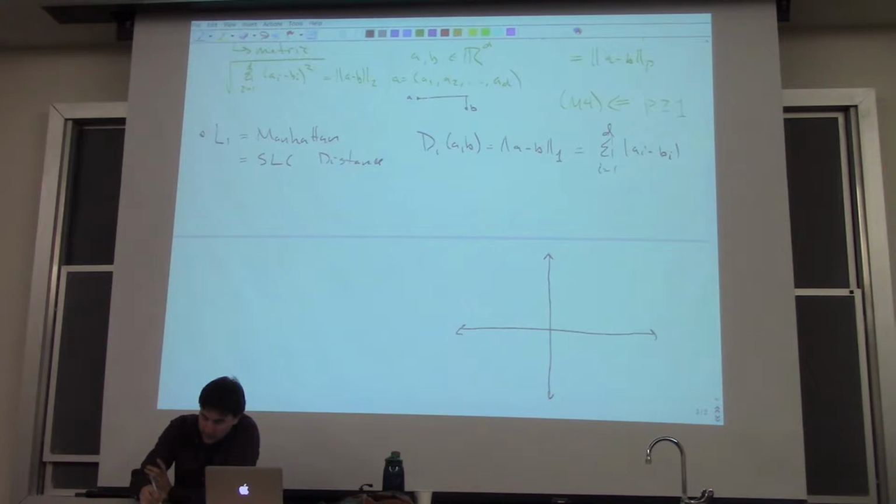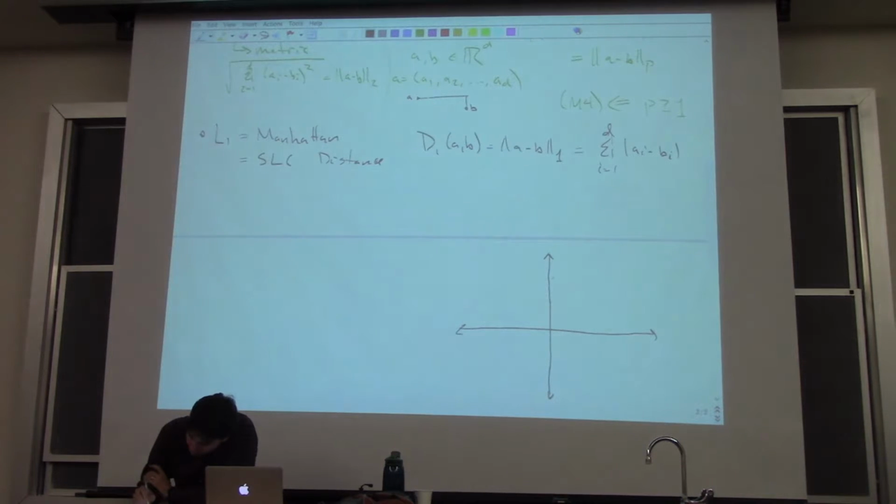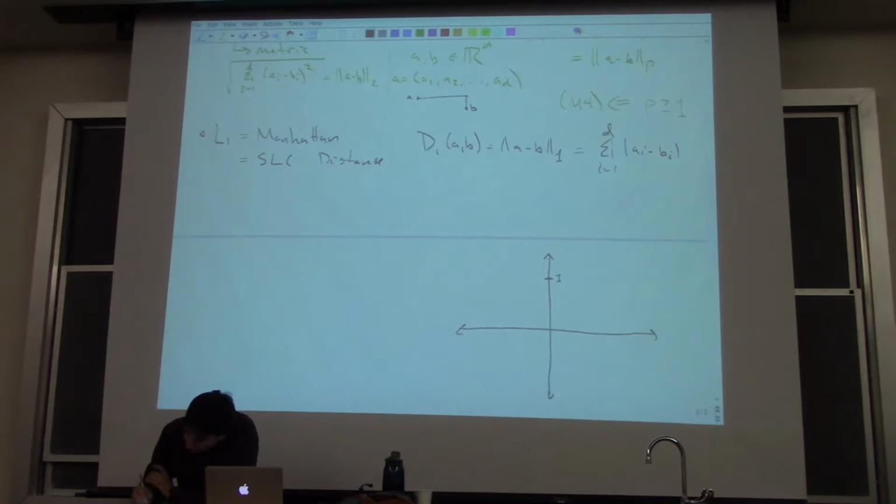So now the L2 distance, with axis values 1 and minus 1.